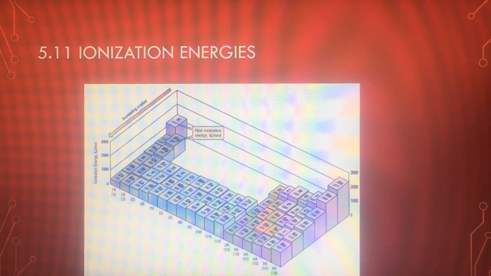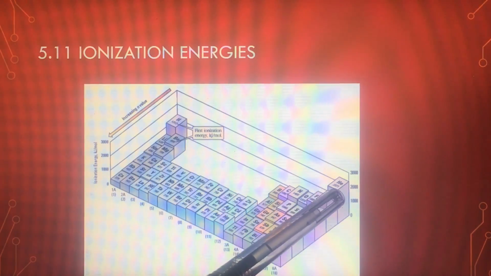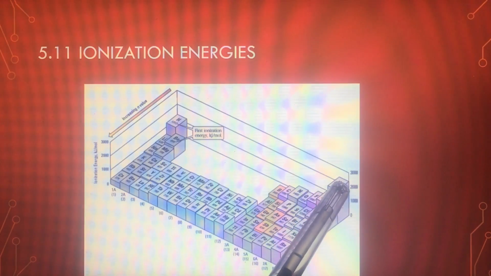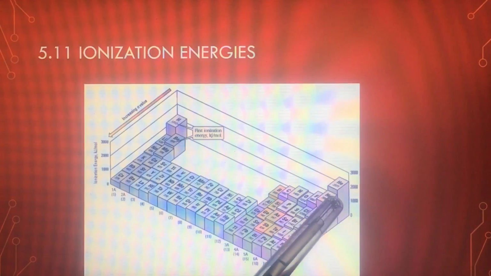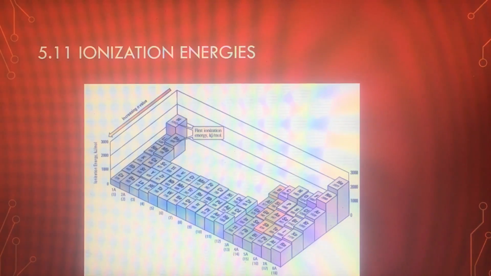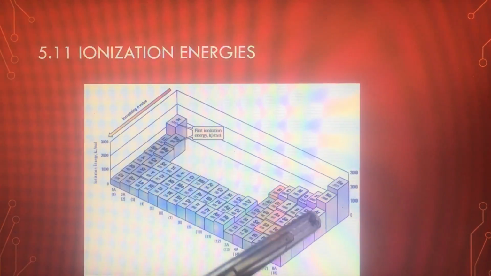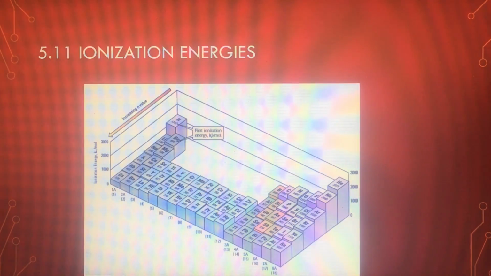in the atom. As we can see, for the group A elements, helium is the highest, and as we go down the group, there is less ionization energy, and as we go across the period from left to right, there is an increase in the ionization energy.